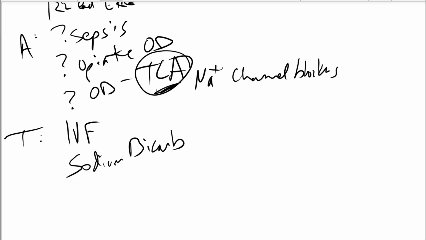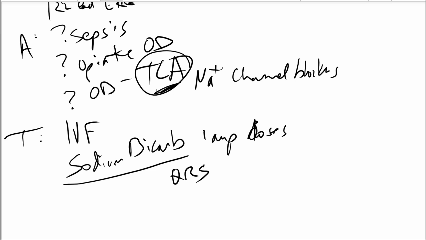That's what causes the widened QRS. So sodium bicarb is our treatment, and that can be given in 1 amp doses. And how do we know that we've given enough? The QRS narrows and becomes normal in size.